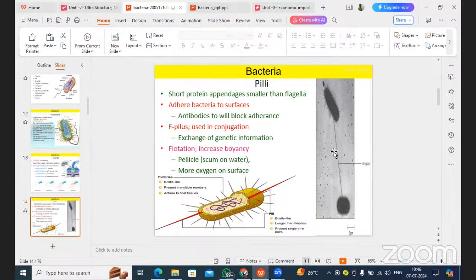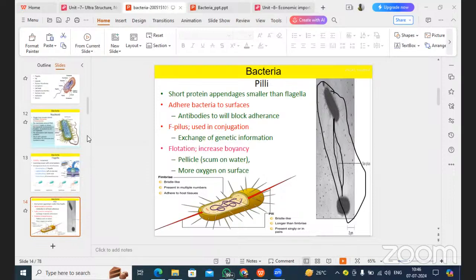These villi are straight, short, tubular structures. They are useful for conjugation, that means the fusion of F plus and F minus bacteria. Conjugation is one of the most important modes of sexual reproduction in bacteria, and in conjugation the villi are important. That's why we call them sexual villi.